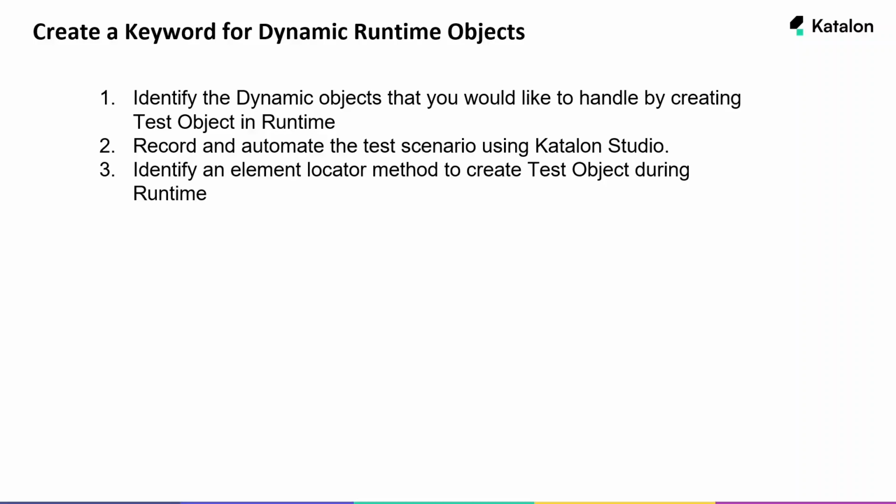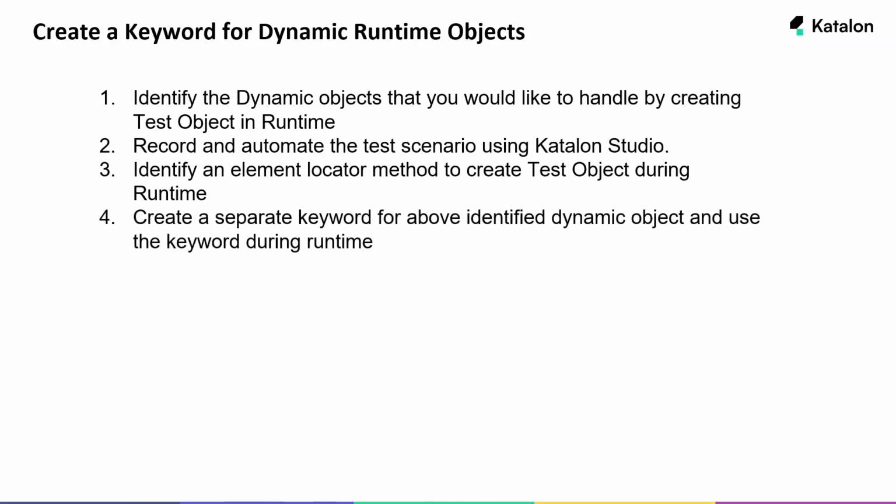Then identify an element locator method to create the test object during runtime. Create a separate keyword for the identified dynamic object and use the keyword in your test script during runtime.